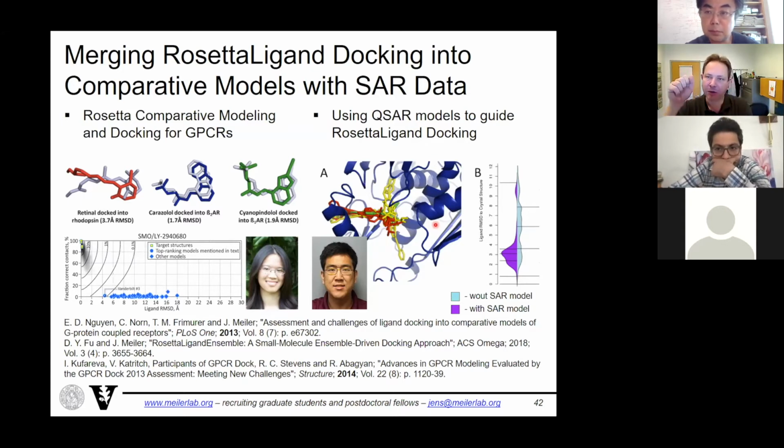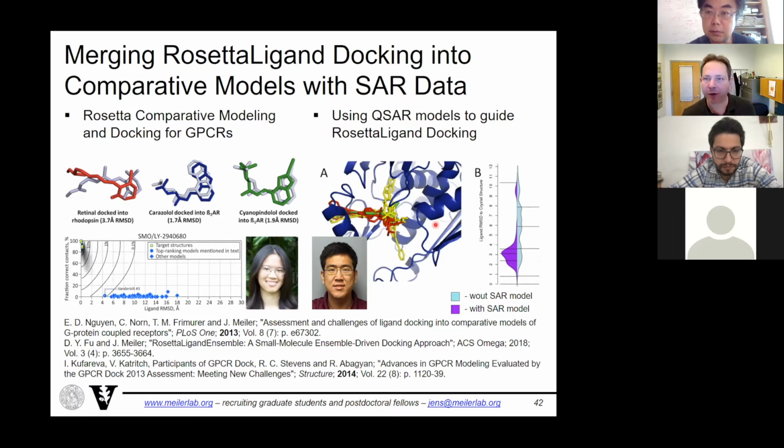And then it docks the superimposed ensemble into the protein, and it asks, find a binding pose where all of these molecules that we know are active truly fit into the protein, and where the relative binding affinity of these molecules fits what we know from our experimental data.